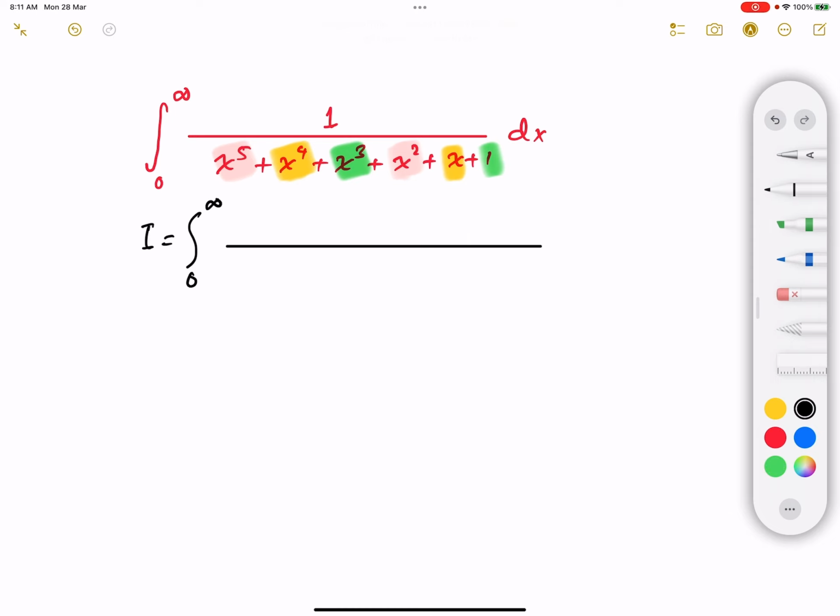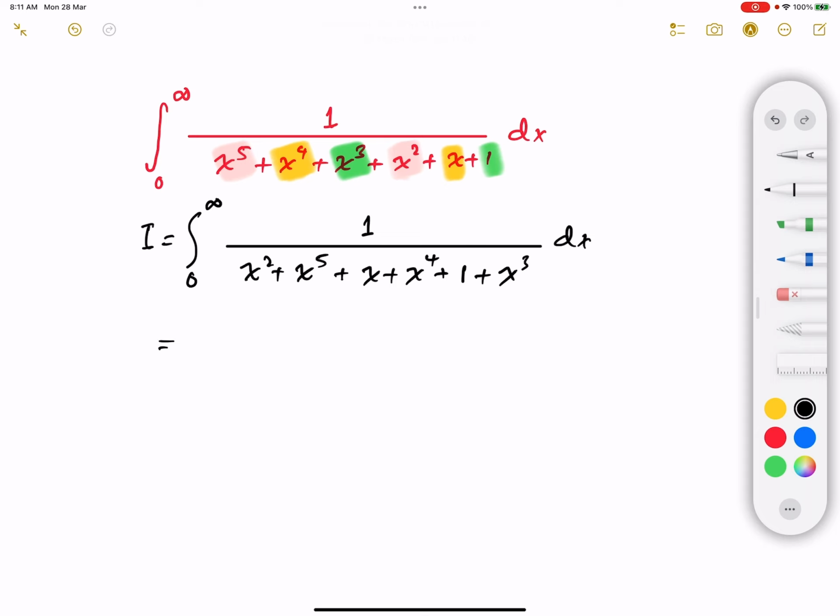So let's do that. That would give us x squared plus x to the power 5 plus x to the power 4 plus 1 plus x cubed, and then we have dx and 1 in the numerator.